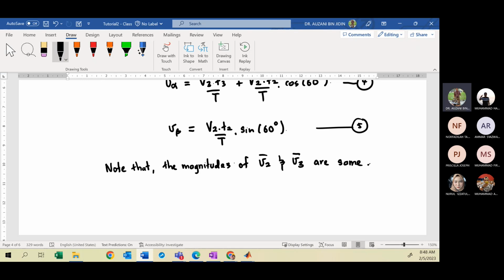Because these two adjacent vectors are active vectors. Active vectors have the same amplitude.